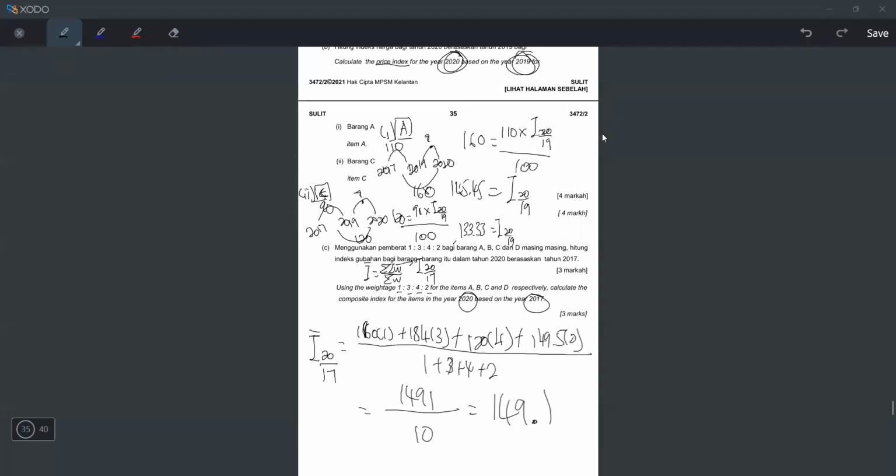I want to give you some homework. Go back and do the question sets. You noticed in the blue color set, the Johor and Kelantan index number questions, I did with you already.